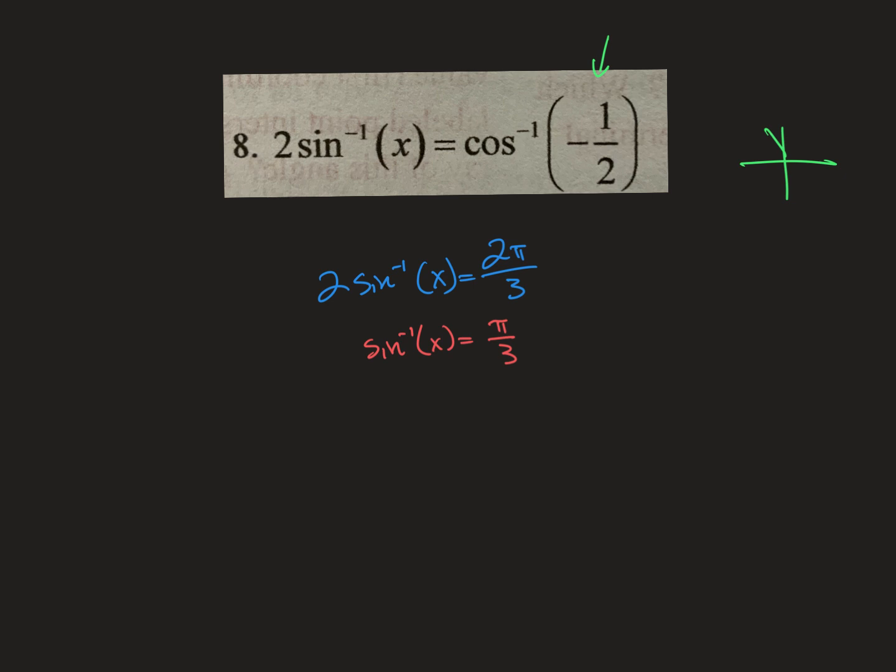I sine something. So now I'm going to sine both sides. If I sine an arc sine of x, I just get x. And then I have sine of pi over 3. And what is the sine of pi over 3? Square root 3 over 2. And there is my answer on that one. Wow. All right.